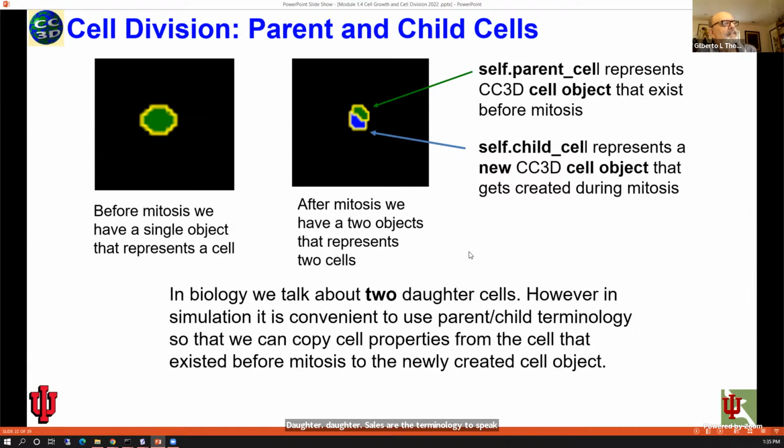But here in CompuCell, we keep using parent and child cells, just because the child cell is copied from the parent cell. So the parent cell is the cell that exists before the child is created. So we keep this terminology just to keep track of the origin of the properties that we are passing from one cell to another. Okay?